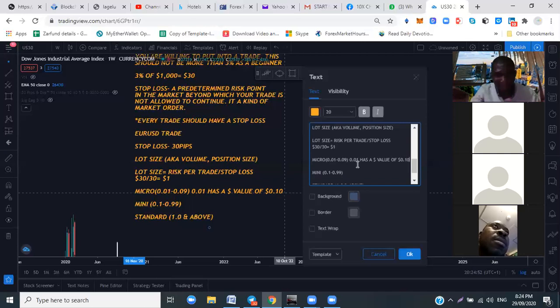So what that means now is this. If you have 0.05, what will be the dollar value? Let somebody answer me. That would be 50 cents. Great.